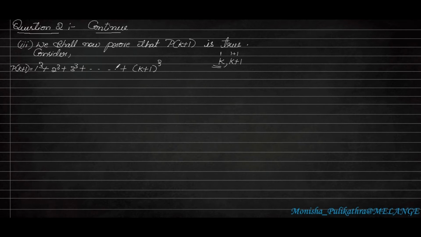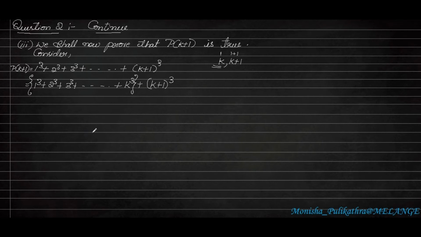So always we have to include the previous number. So it will become 1 cube plus 2 cube plus 3 cube plus etc. plus, before k plus 1 there is one more number which is k cube. After that this k plus 1 number comes. So up to here we can consider it as a group.